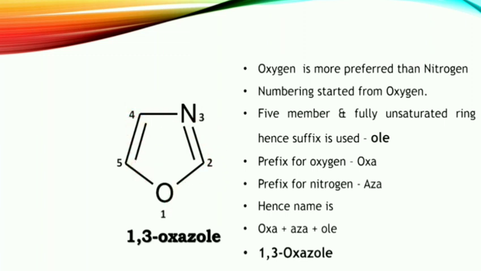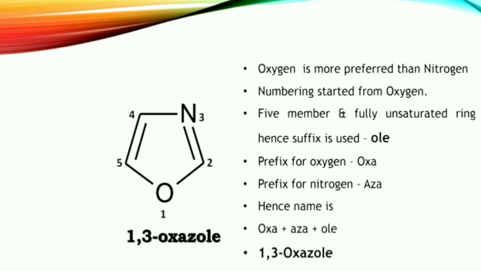After giving the numbering, this is a 5-member structure. In the structure we have double bonds at positions 2 and 3 and 4 and 5, so this is an unsaturated ring. When such a compound is present, you use -ole as the suffix. The prefix for oxygen is oxa and for nitrogen is aza.